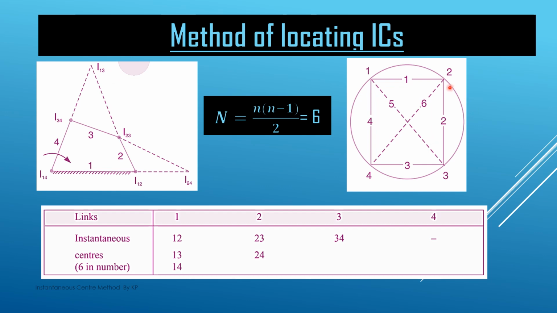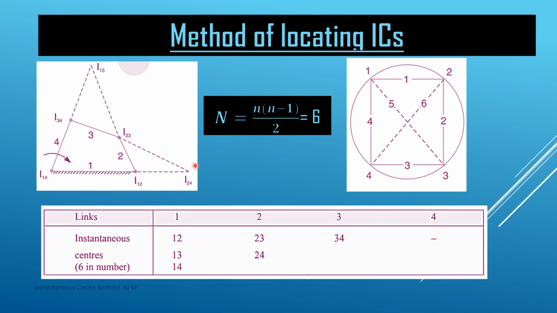Similarly, if we want to locate I24, this I24 is the common side of the two triangles 1 4 2 and 2 3 4. So this IC I24 lies at the intersection of the line joining I12 and I14, and the line joining I23 and I34.